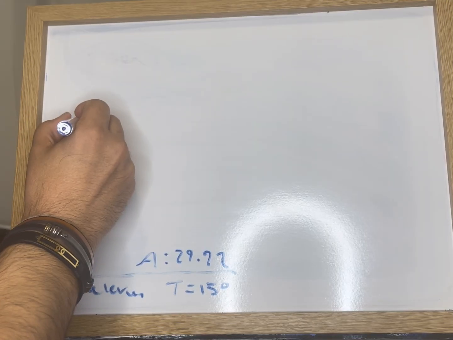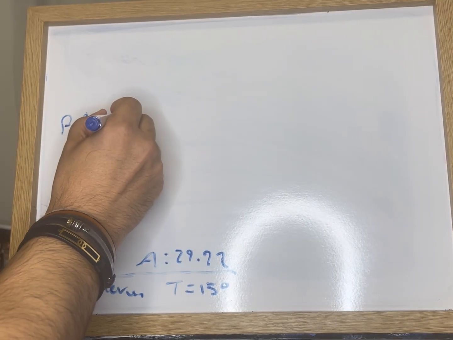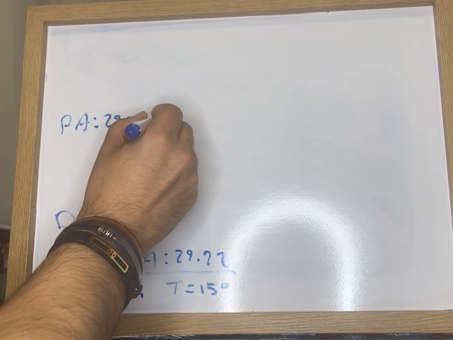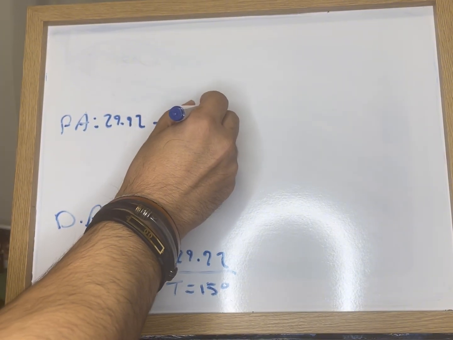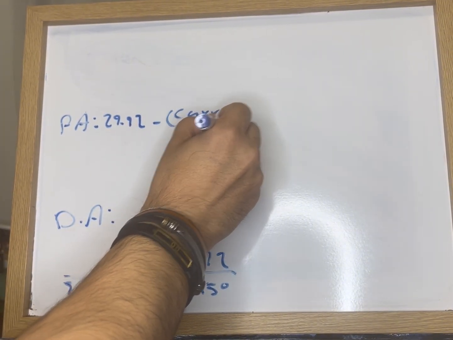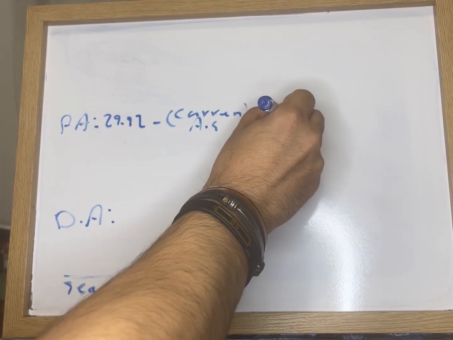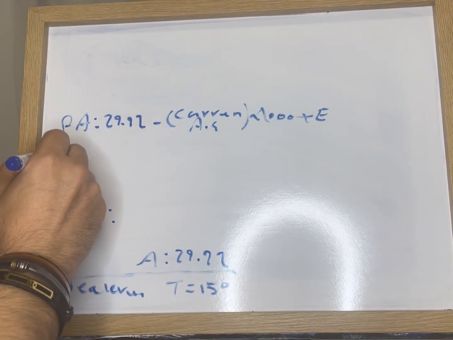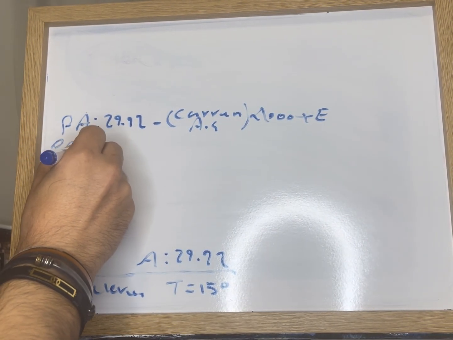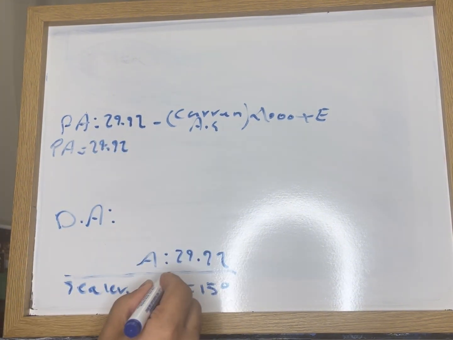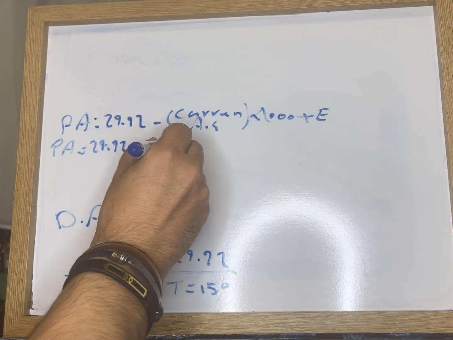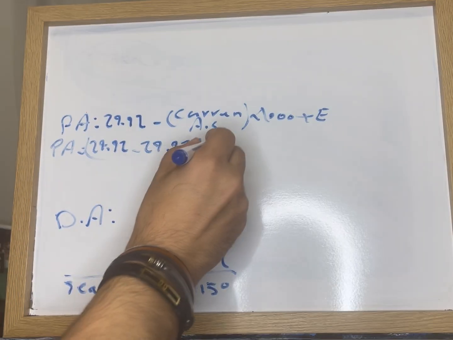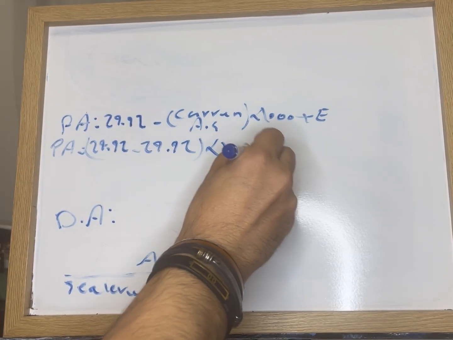Pressure altitude has its formula: standard atmospheric pressure, 29.92, minus the current altimeter setting, multiplied by 1000, plus elevation. So at this station we calculate pressure altitude: 29.92 minus 29.92, multiplied by 1000 feet, plus elevation.